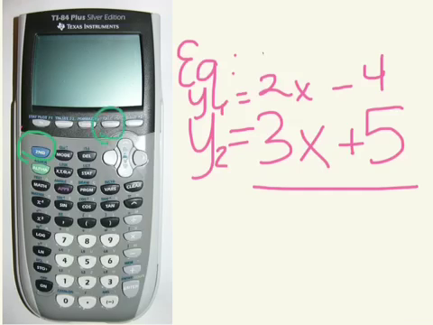It's right here. Second calc, or second trace. And then go down to number 5, which is intersect, because you're trying to find where they intersect. Intersect.